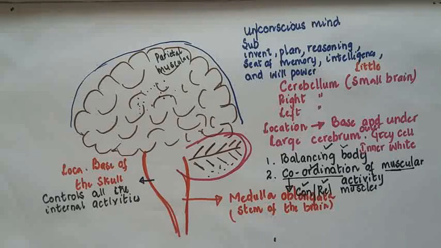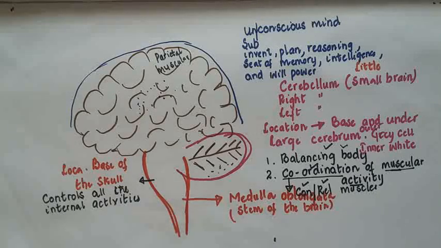So what do you mean by internal activity? Probably you know, we have a number of involuntary muscles which are found in our heart, lungs, alimentary canal, kidney and so on. These are the internal organs of the body which work all by themselves. They are not under our control.